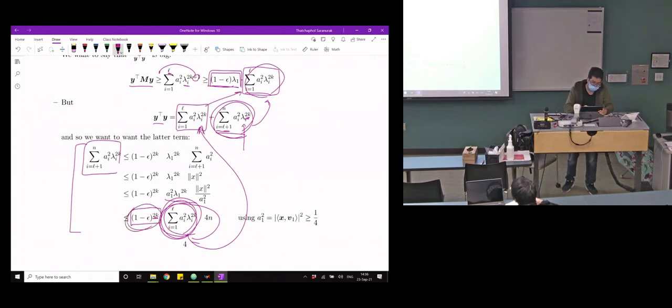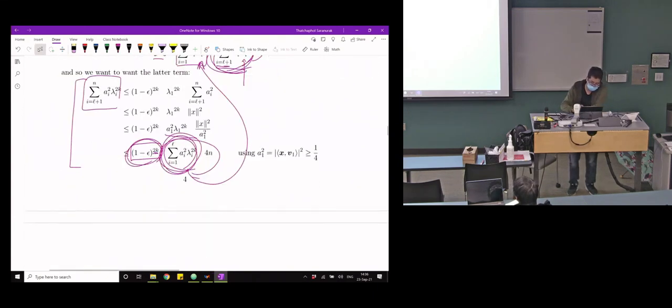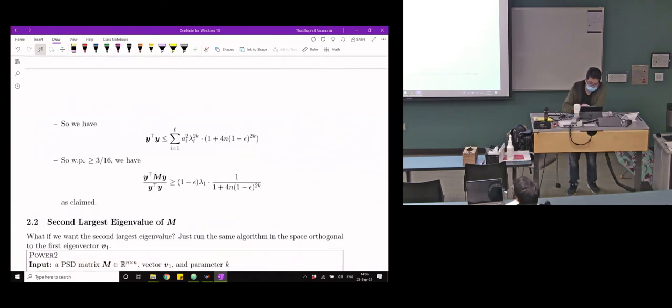But because this term shrinks very quickly, basically this is going to be small. So you will get that y is basically this term times some factor which is close to 1.